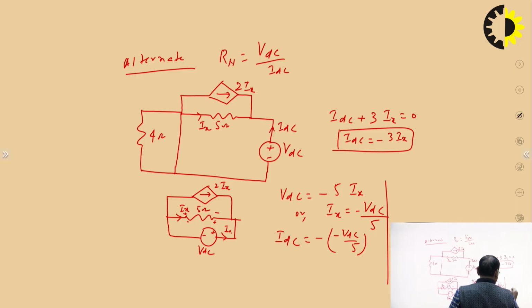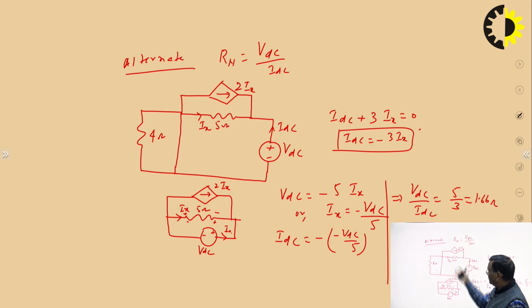So VDC upon IDC is 5 by 3, which is 1.66 ohm. So this way we can carry out the examples on the Norton's theorem. So this is the another approach to find the Rn. Take the ratio of VDC upon IDC and replace all the independent energy sources by their internal impedance.